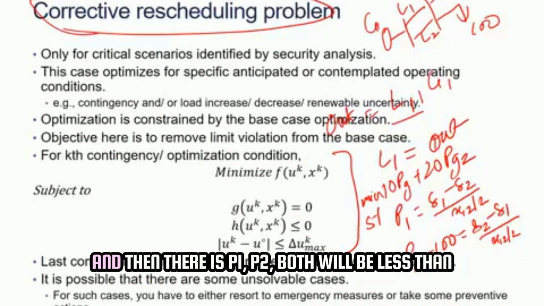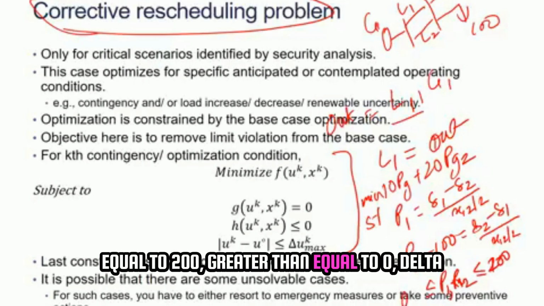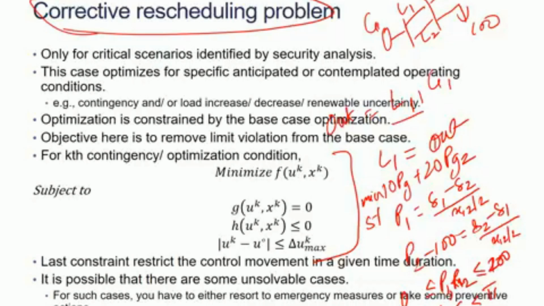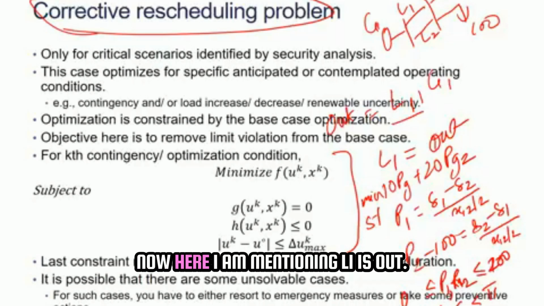Then P1 and P2 are both less than or equal to 200 and greater than or equal to 0. Delta is less than or equal to pi and greater than or equal to minus pi. Now here I am mentioning L1 is out. Then what is the solution going to be?